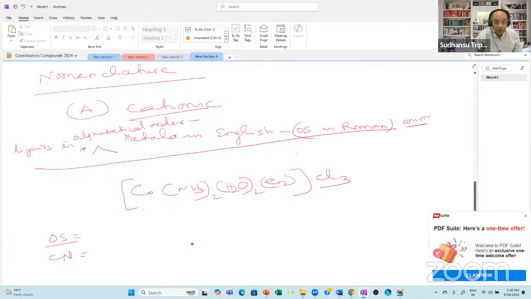Of course, coordination number is not required for naming, but I will want you to tell me the coordination number. This is the amine ligand. Ammonia is called amine. Look to your copy. What is the name that we will use for the ligands while naming? This is aqua.